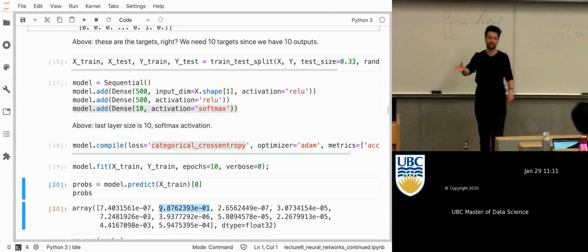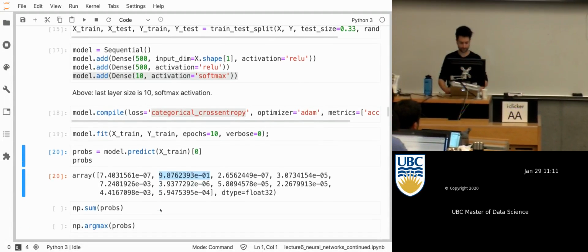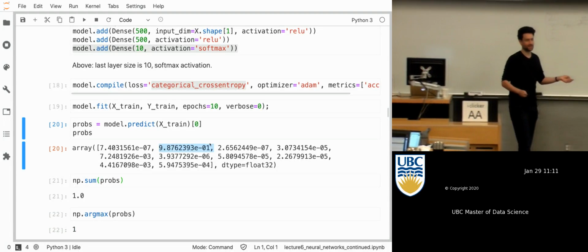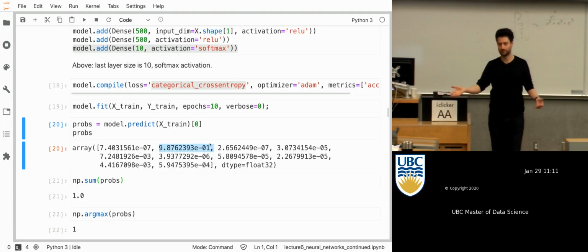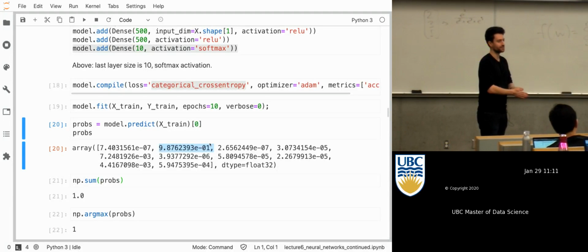But after going through the softmax, these are the probabilities. And they add up to 1. And the argmax is 1, so it's saying the digit is a 1. And to Sam's point, the argmax, even before you applied the softmax, would have been 1 as well. That was the biggest thing coming out, and it was also the biggest probability.